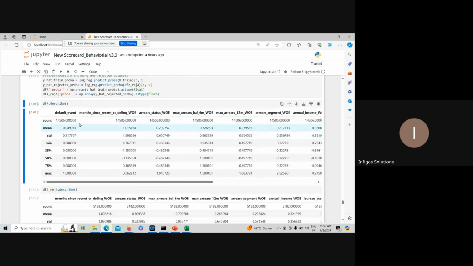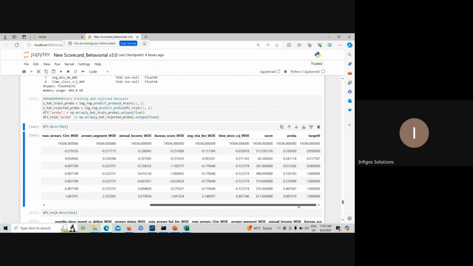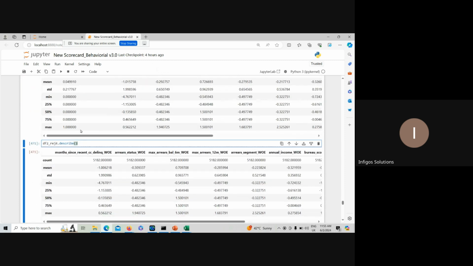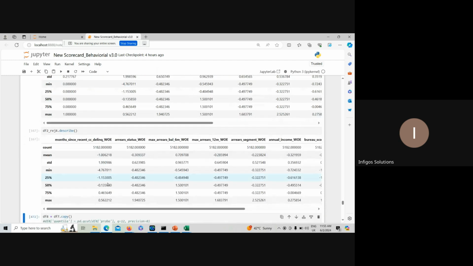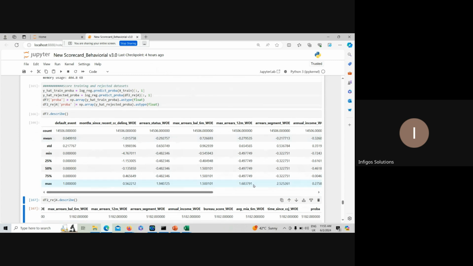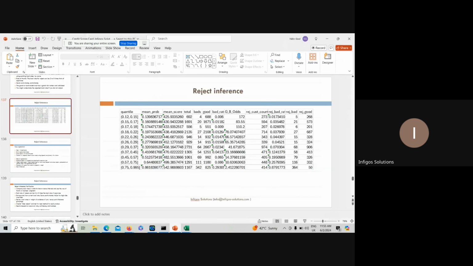Now look at both of the data. You have a probability score here. Look at the describe, look at the rejected data. You will have a score and probability here. So based on this probability, we will create a table like this one.